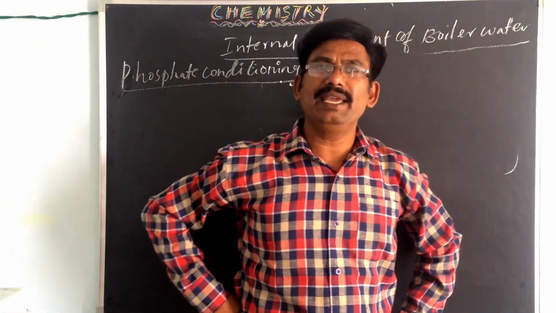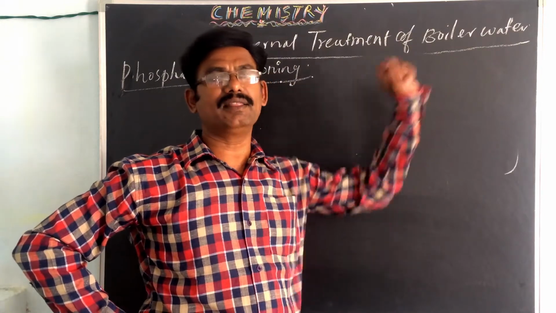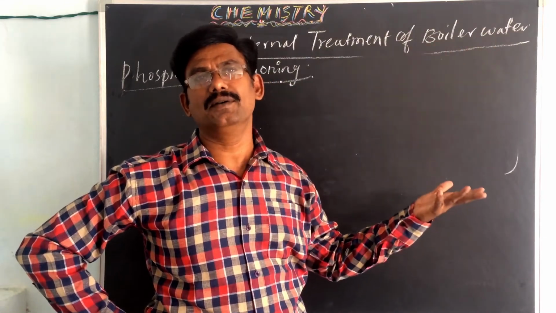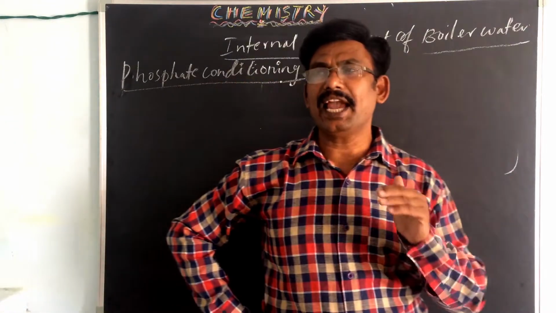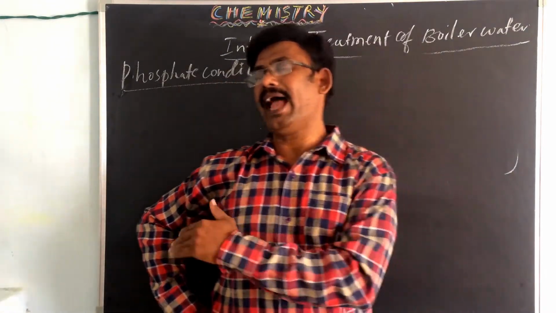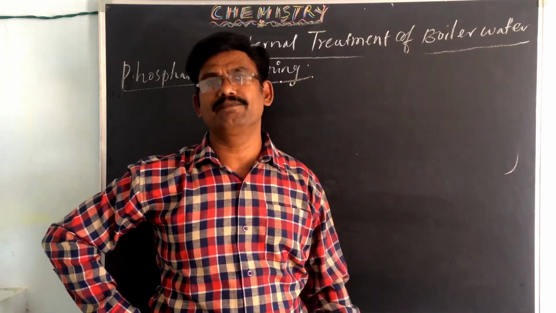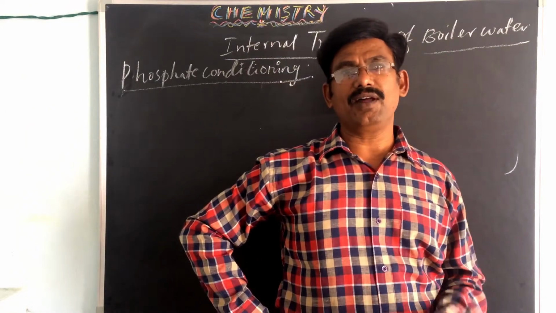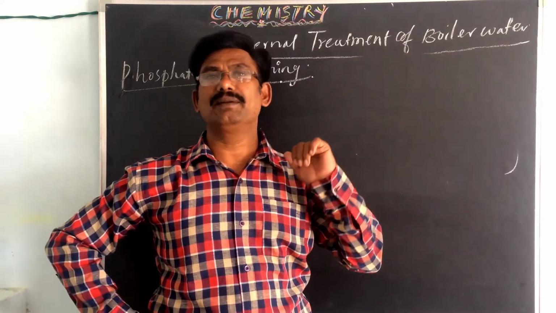Scale formation can be avoided by adding sodium phosphate. First of all, if you add the phosphate compounds to the boilers, scale formation can be avoided by adding this compound, sodium phosphate. It is used for high pressure boilers.